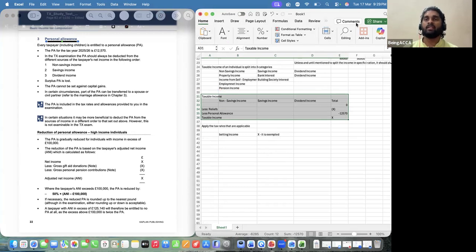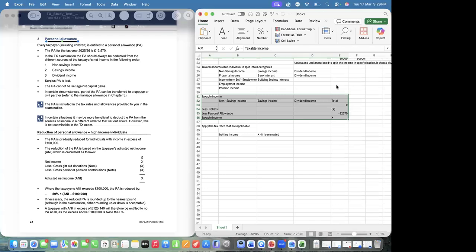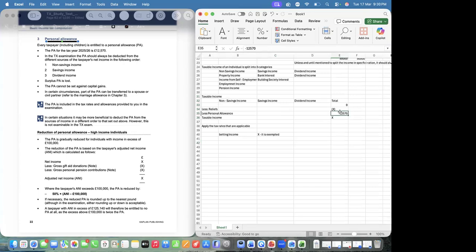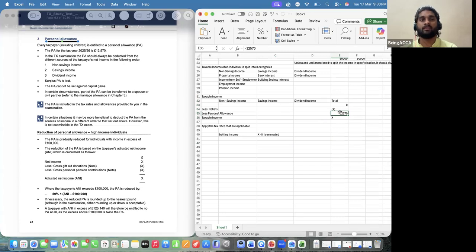If you are thorough with this, your computations become easier and easier. So what did I say, that the personal allowance is 12,570, correct? It is completely tax-free income.